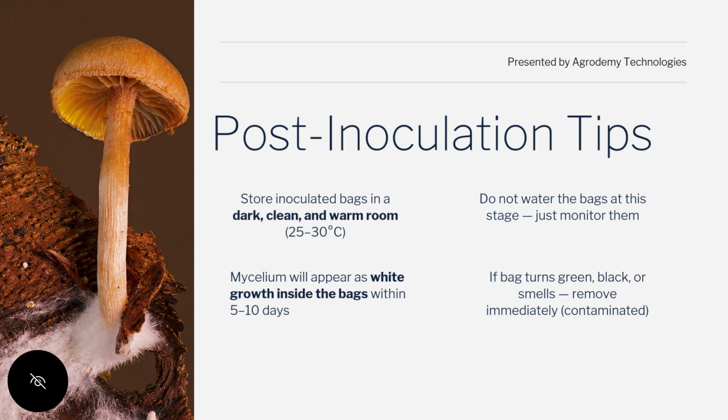The next thing you will see is the mycelium appearing as white inside the bag within 5 to 10 days. At this stage, please do not add water to the bags. Just monitor it. If the bag begins to turn green, black, or smell, remove it. It's contaminated.